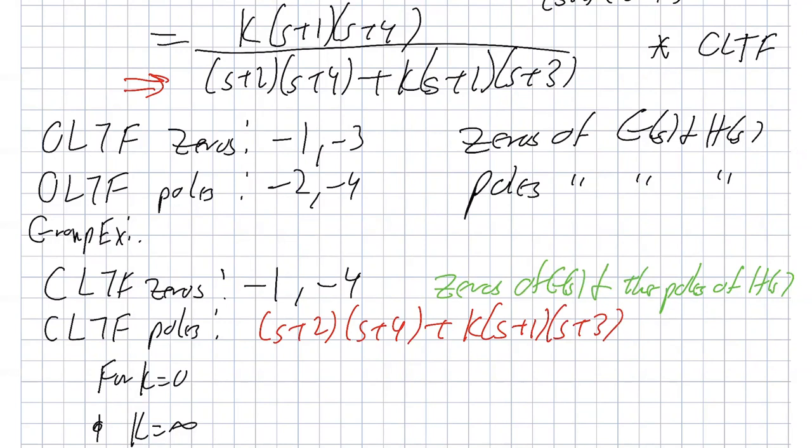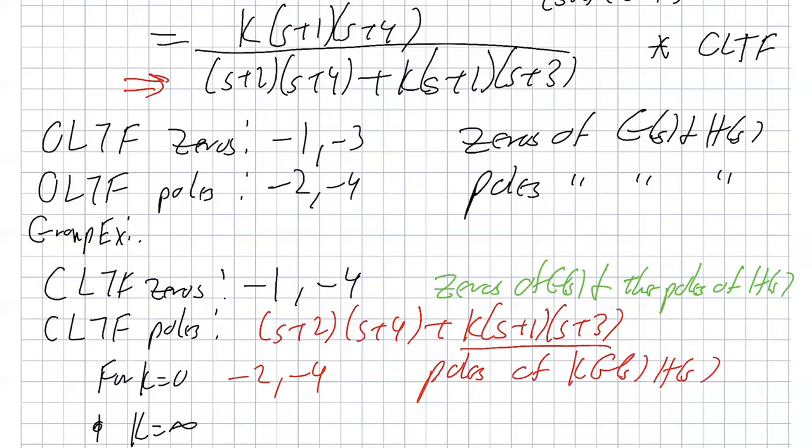For k equals 0, we can ignore the second part because k is equal to 0, and we end up with -2 and -4. That's the poles of the open loop system, the poles of k G of s H of s.